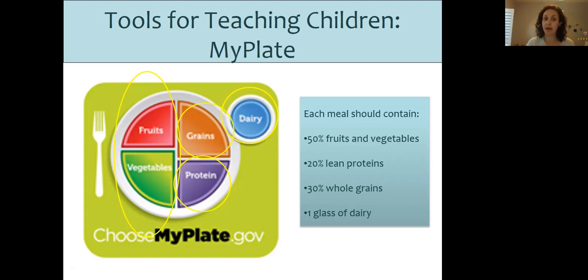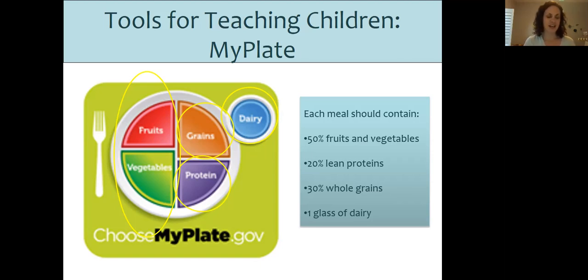The downside to MyPlate really is that it doesn't tell us what the plate size is, right? And that's an important factor because we're not talking about a plate this big. We're probably talking about something pretty small, especially with young children. Let's say you're serving a lunch at a daycare to 2 and 3-year-olds.